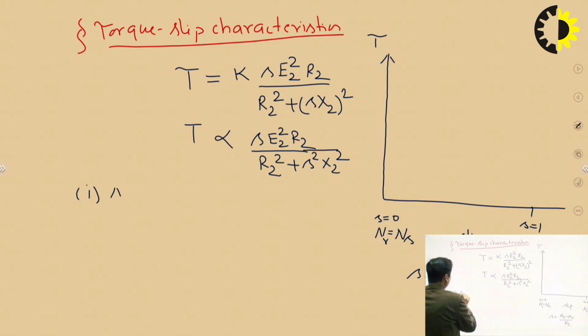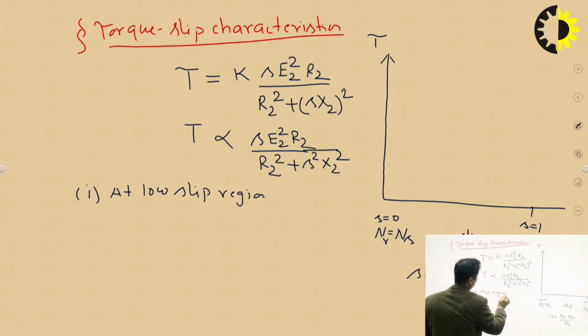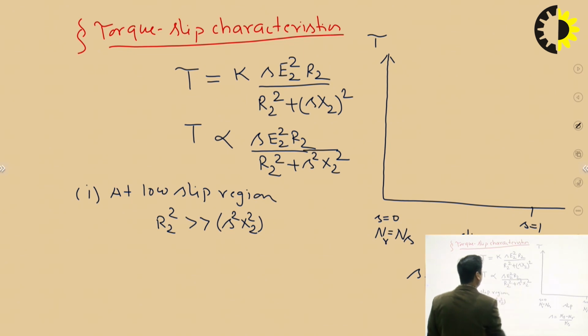In the low slip region, when the slip is low, R2 square is very, very much greater than S square X2 square, so we can neglect this part. When we put this value in, the torque is proportional to S, that is, slip.